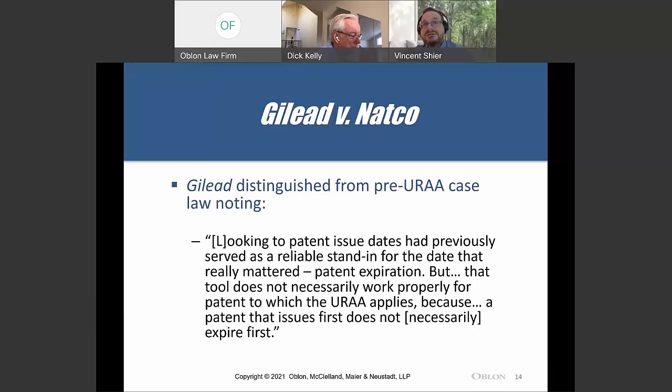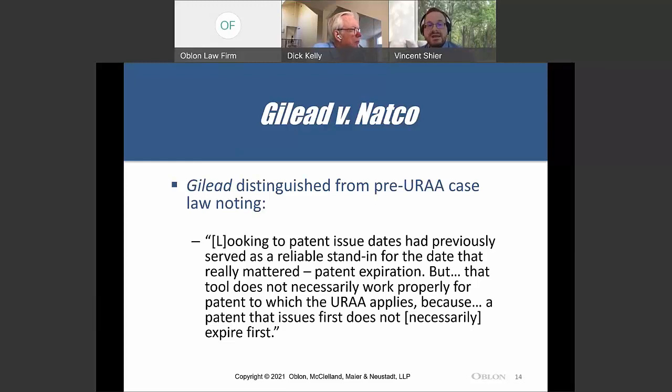And as a result, you could effectively arrange for an application to be granted and have a later and later and later term. When there's financial incentive, people get creative. And that creativity is really what becomes the heart of the concern in a post-URAA world.